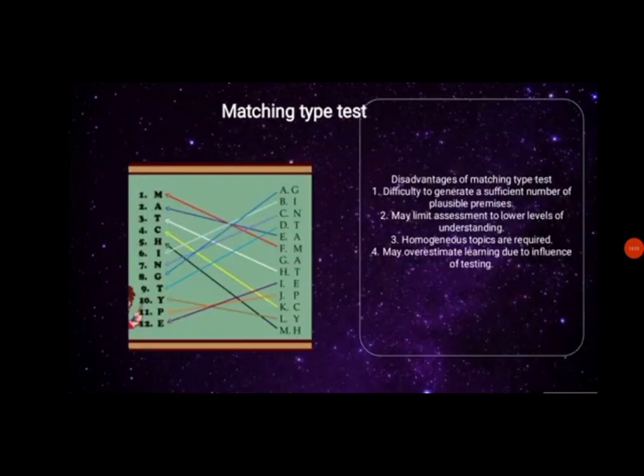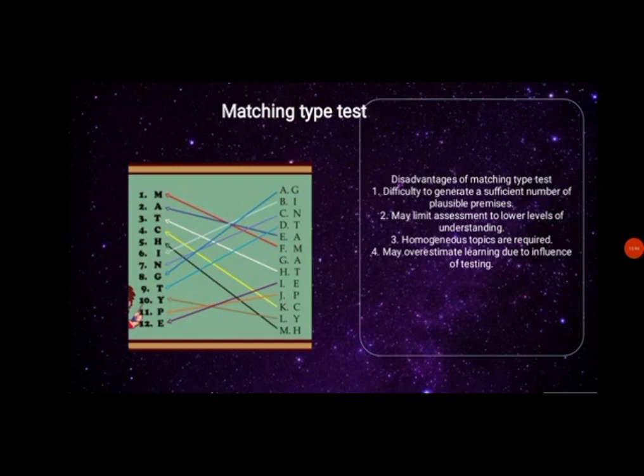Sa disadvantage of matching type test, it has difficulty to generate a sufficient number of possible premises, may limit assessment to lower levels of understanding. Homogeneous topics are required. Number 4 is may overestimate learning due to influence of testing.